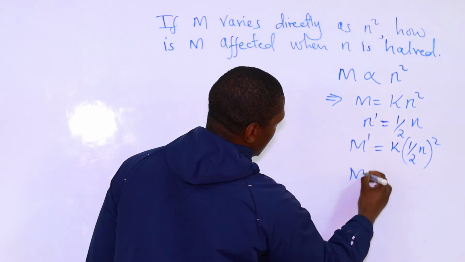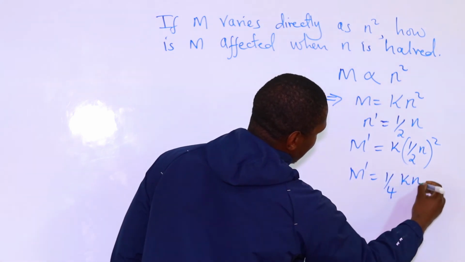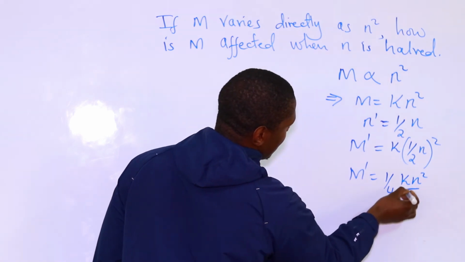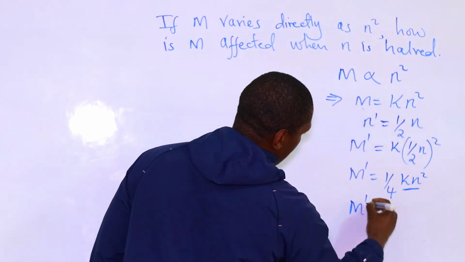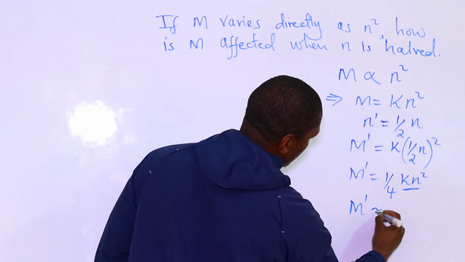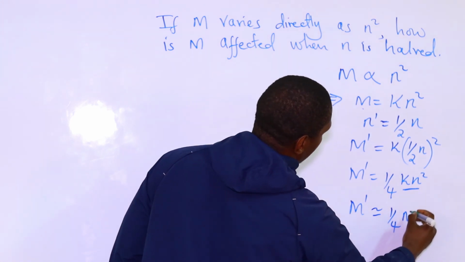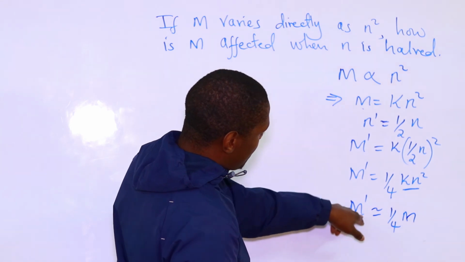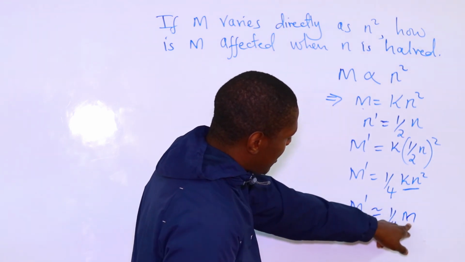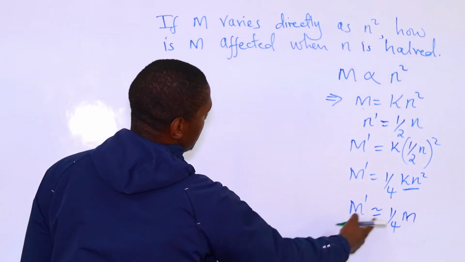So with this, our new value of m will be 1 over 4 k n squared. But our k n squared here is the same as m. So m prime is equal to a quarter m. That implies that our new m is a quarter of the initial m. So we're being told how is m affected.